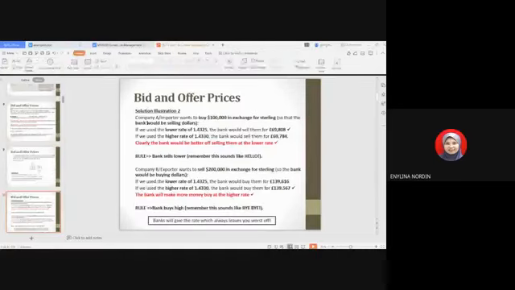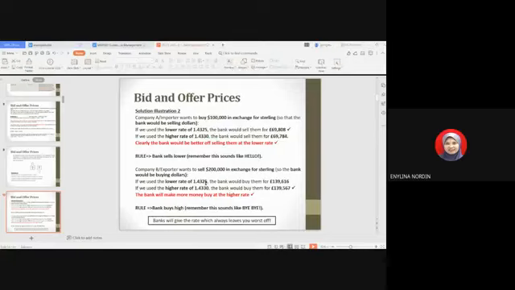So let's say the company wants to buy $100,000. Usually it will apply to an importer or import company, where the company wants to pay in foreign currency. So let's say they want to buy $100,000 in exchange for sterling.